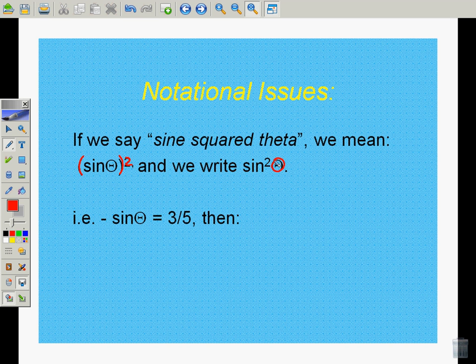So if we said the sine of theta is 3 over 5, and we want sine squared theta, we get 3 over 5 squared, which we know to be 9 over 25. Okay? So that's what that means. That's a notational issue. It's very important that we understand that distinction.